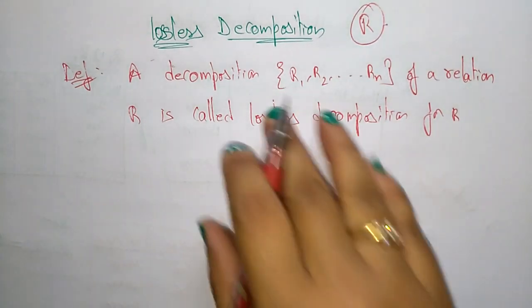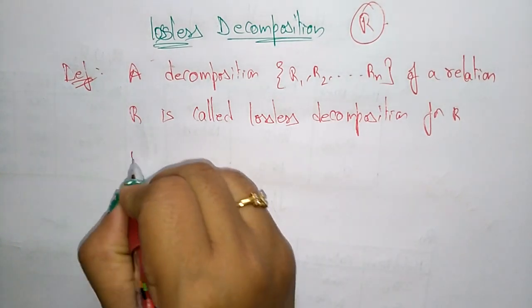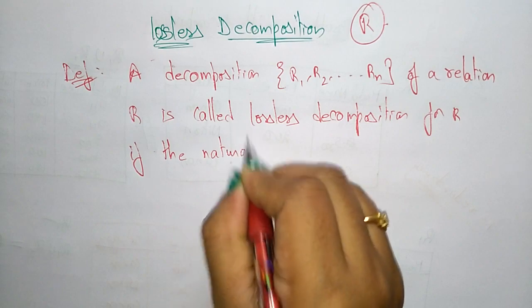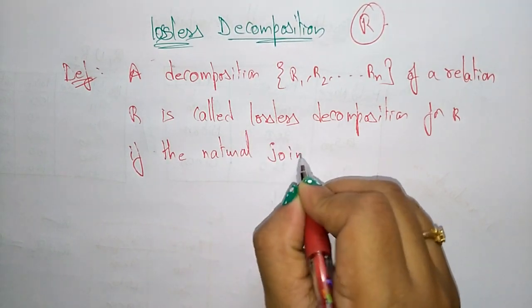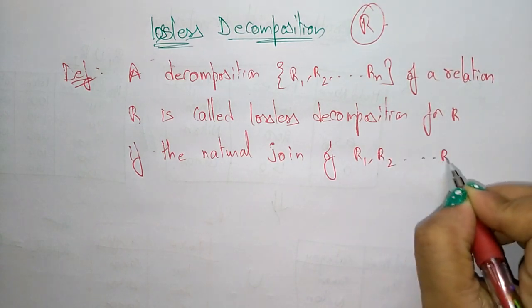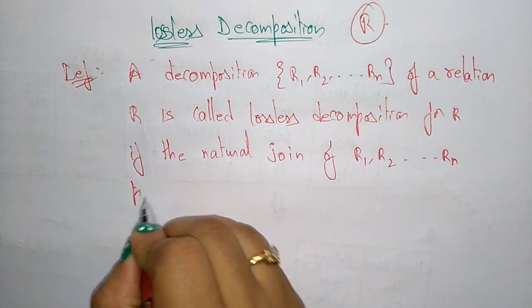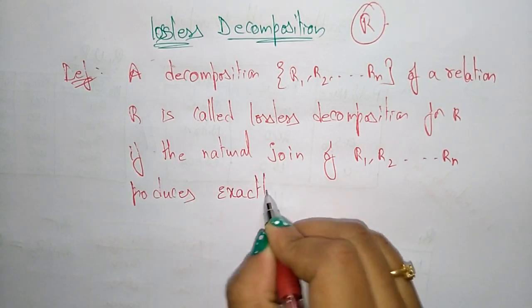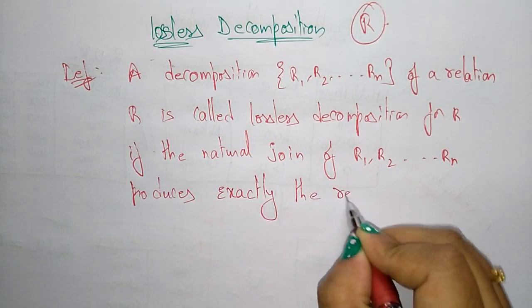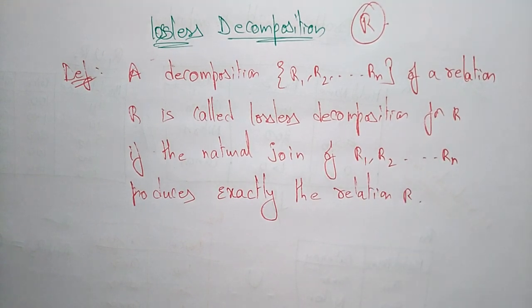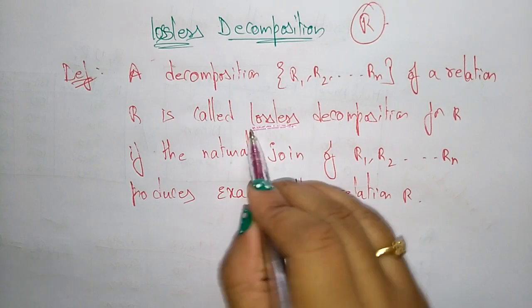We can say this is a lossless decomposition if the natural join of R1, R2 up to Rn produces exactly the relation R. Then only we can say this is a lossless decomposition.